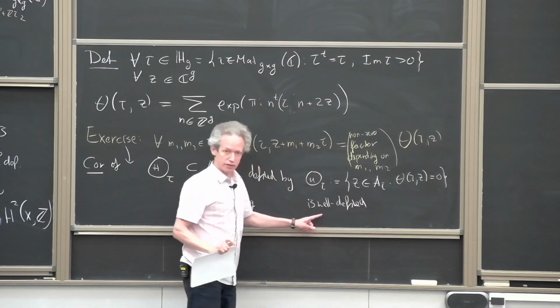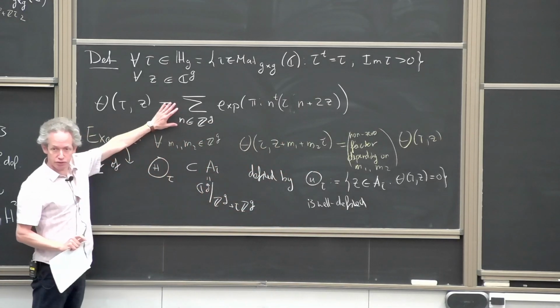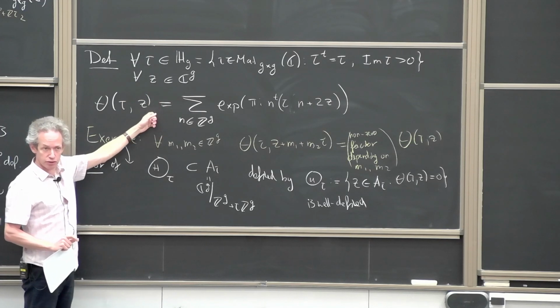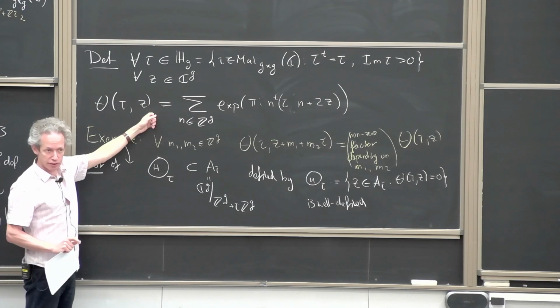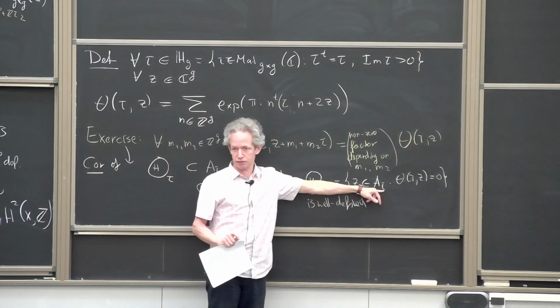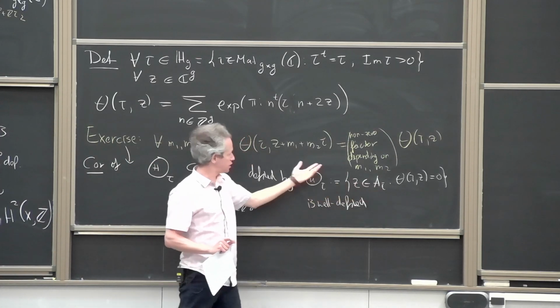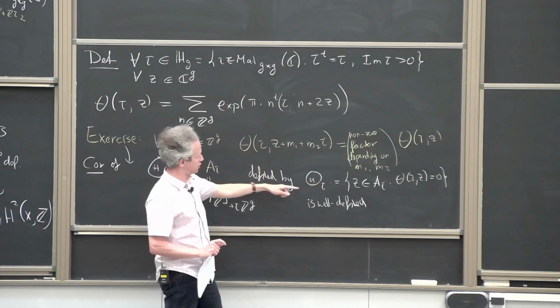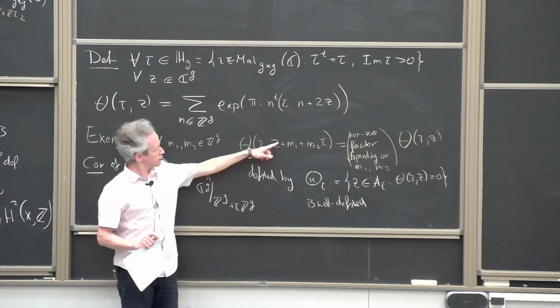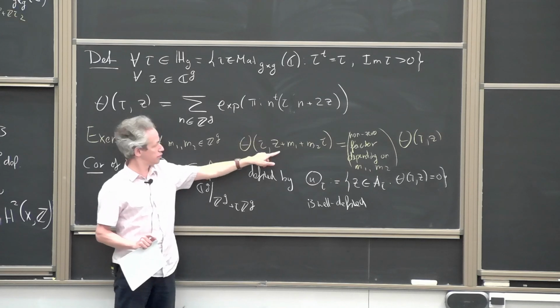What do I mean by this? Of course, I've written a function. If you trust me, this is a well-defined holomorphic function on C to the g. Of course, its zero locus on C to the g is well-defined. But I claim that its zero locus descends to the abelian variety, which is to say that the zero locus is independent under translations by this lattice. But that's exactly what this exercise says.